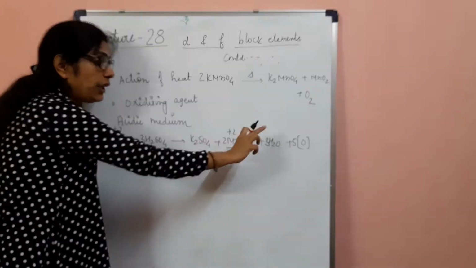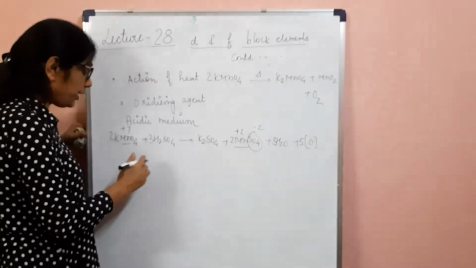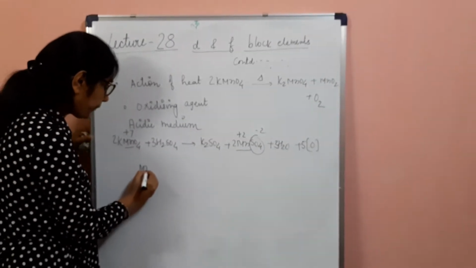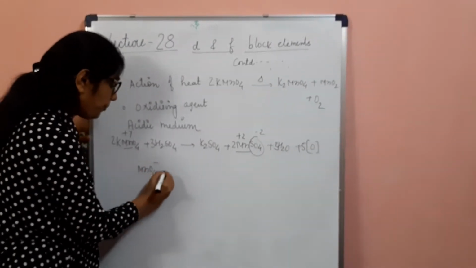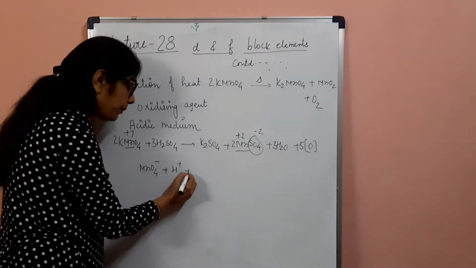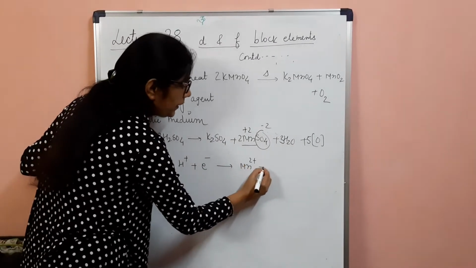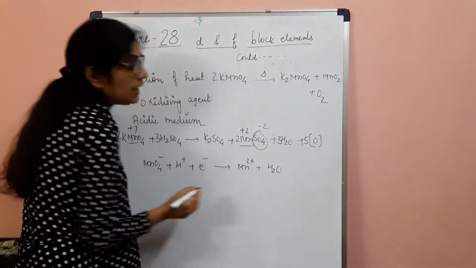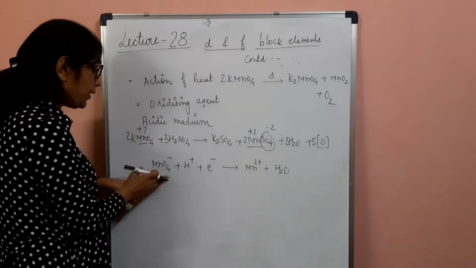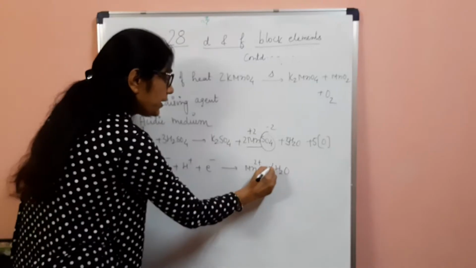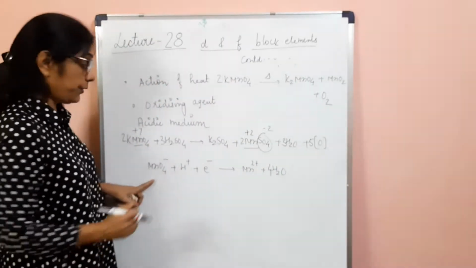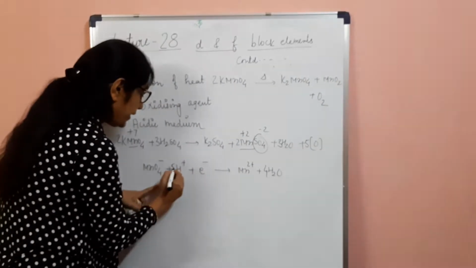And if this molecular equation is to be written in ionic form, then MnO4 minus in acidic medium, gain of electron, gives Mn2 plus and H2O. So here you can see 4 oxygen, so I'll make it here 4. Now hydrogen becomes 8.